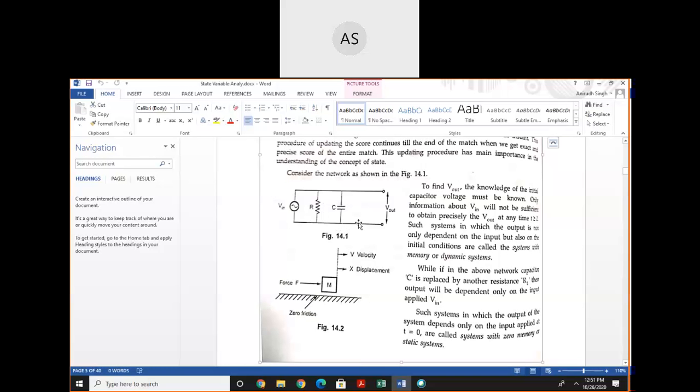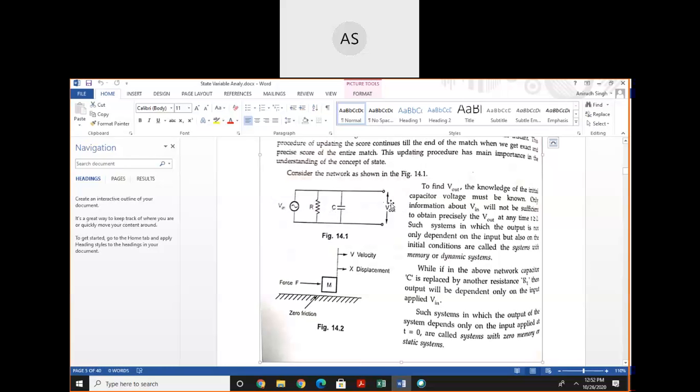Concept of state. The states are nothing but the initial conditions of the system. Suppose in this network, if we want to find the output and a resistor and capacitor are connected, then this input is not sufficient to calculate the output because of the presence of the capacitor.